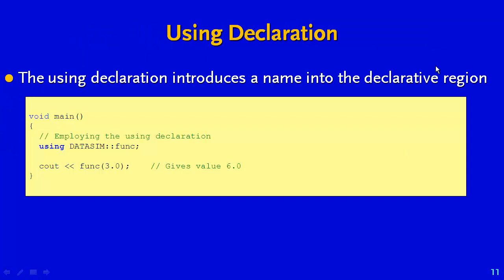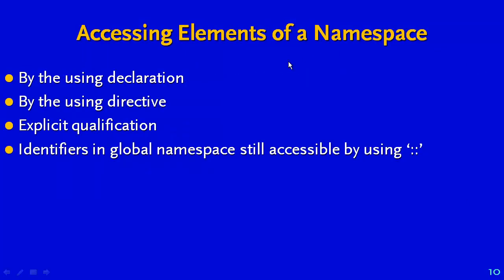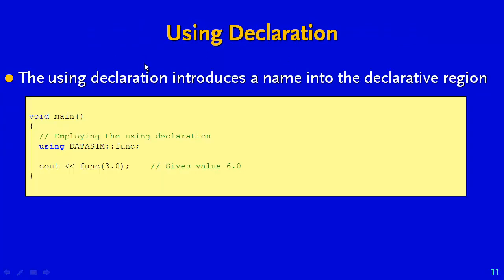Okay, so I'm now going to go through the options here. The first one is called the using declaration. So I just say, what do you want to use? Well, I want to use something in the namespace. Not everything in the namespace. I'm very interested in func in namespace DataSim.